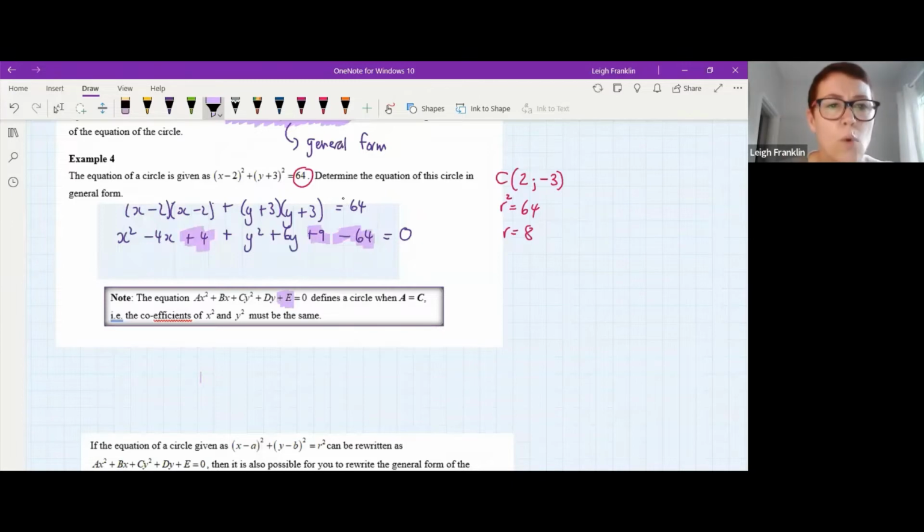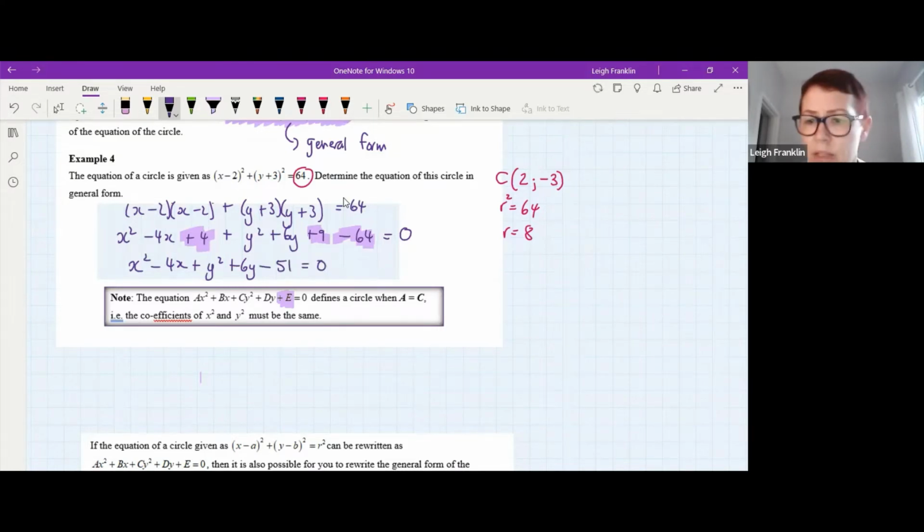So we put them together: x squared minus 4x plus y squared plus 6y, and now 9 plus 4 gives us 13. If we had 13 and took away 64, we'd end up with negative 51, if my maths is correct. Is that right?